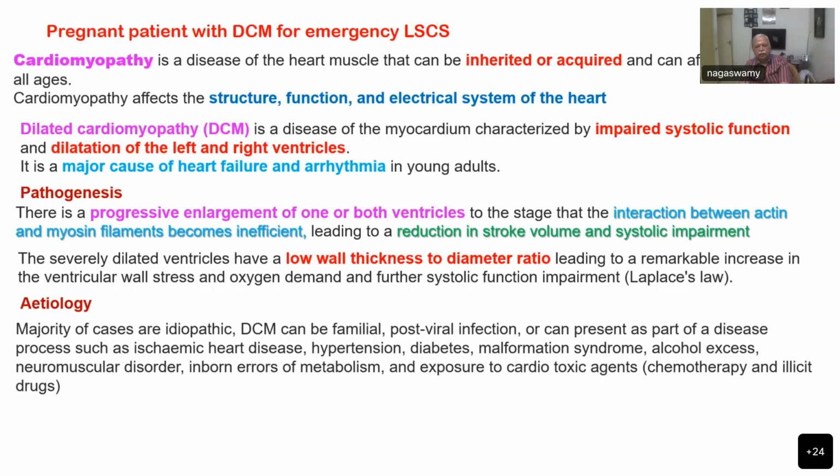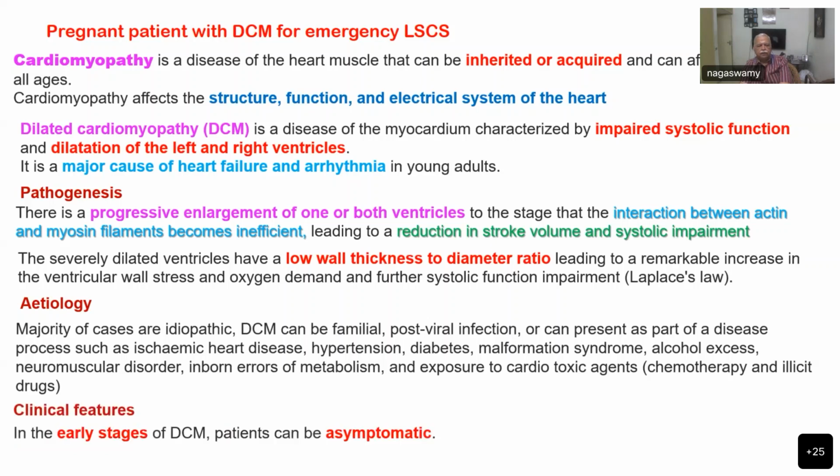So history taking is very important to find out whether it is idiopathic or secondary to IHD or hypertension or diabetes or alcohol excess or inborn errors of metabolism. All these things have to be included in your answer.